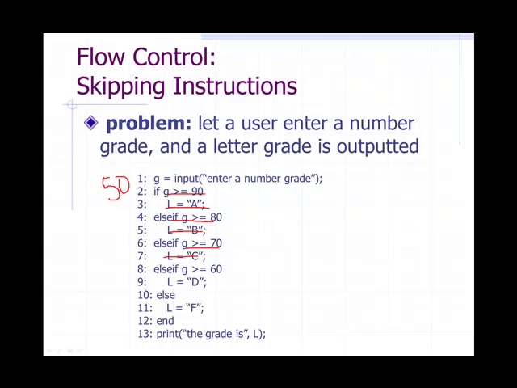Else if G is greater than or equal to 60, that's not true, so it's going to skip this. And then this is the last condition. So if none of these was true, this else means that if none of this happens, then the last condition is what is executed. So it skipped all these at the top, and it said else equal to F. And so now at this point, it's going to print L, the grade is 50.